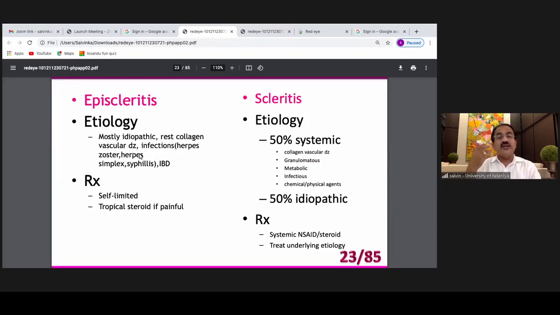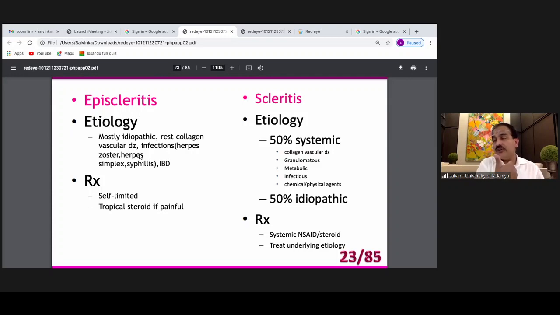Idiopathic, or vasculitis such as rheumatoid arthritis and SLE, can cause scleritis. In episcleritis, when you look into the eye, you can clearly see it is not really the conjunctiva; underneath the conjunctiva, blood vessels are dilated. It could be nodular, with tiny nodules, or diffuse episcleritis.